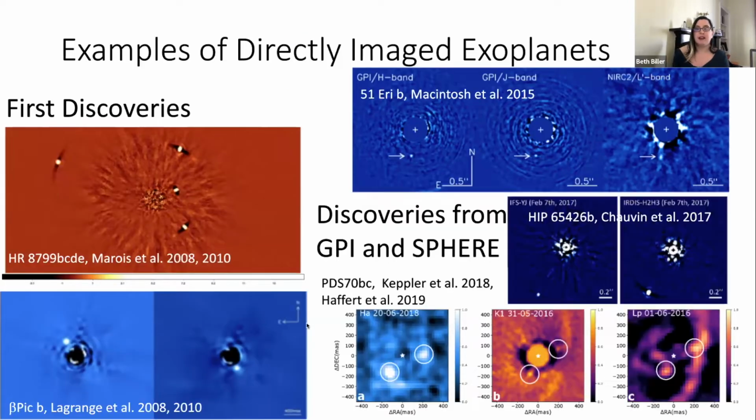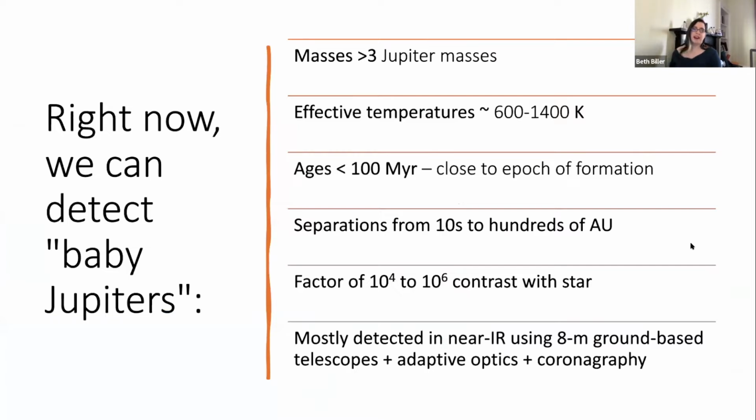In fact, from this cohort here, all of these are near infrared images except for 2 L-band images here. And again, this is largely because this is where the black body peak of these planets is. It's also where adaptive optics works well in getting us to diffraction limits, and we have coronagraphs to use at these wavelengths as well.